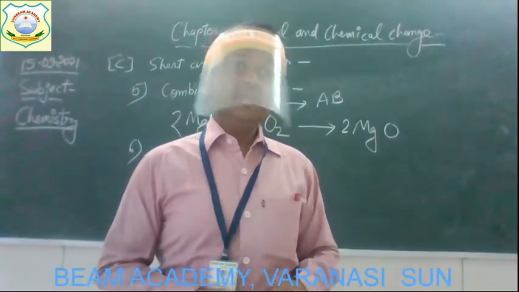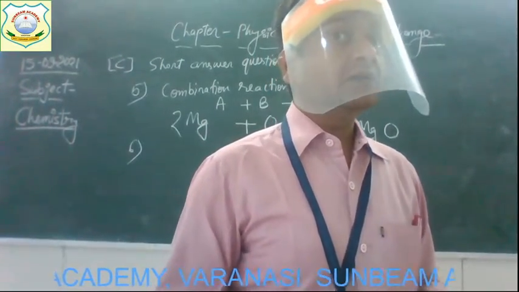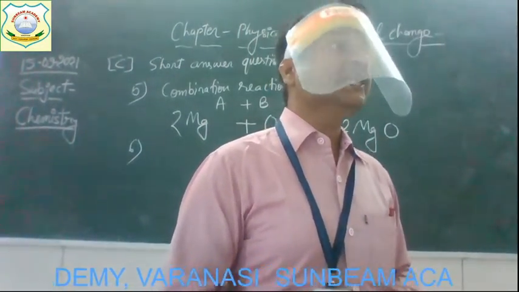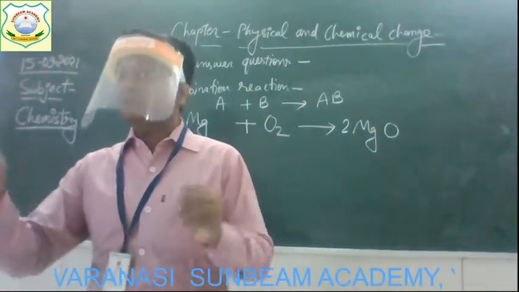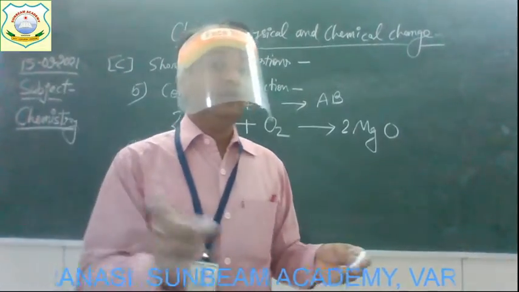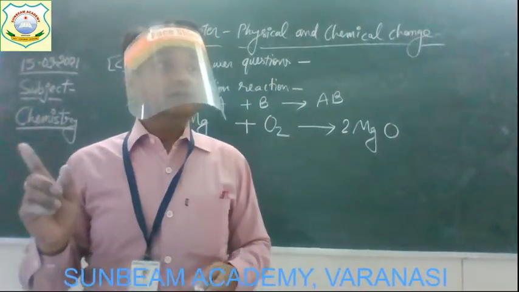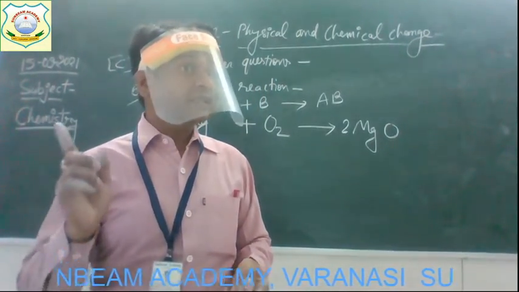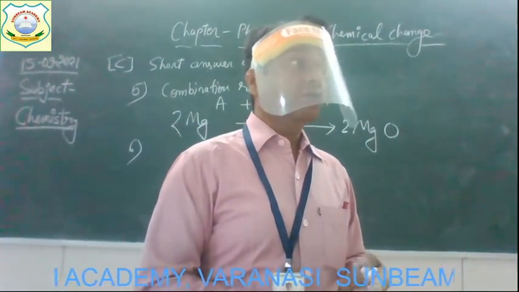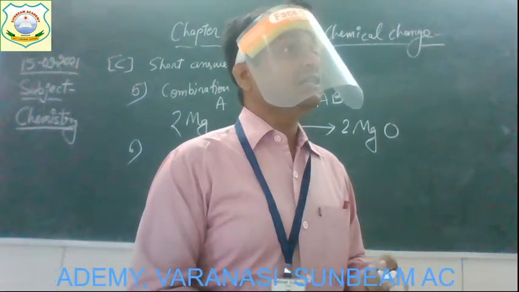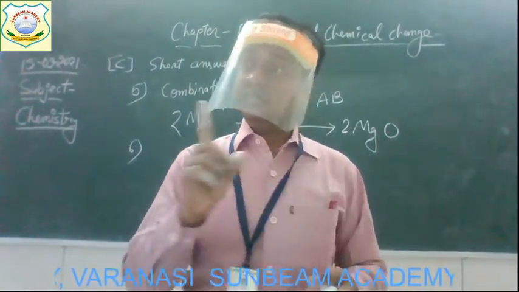Then it will be termed as reduced. One more thing you must remember: when is a substance said to be oxidized in a chemical reaction? You will write: a substance is said to be oxidized in a chemical reaction when it adds oxygen or loses hydrogen.